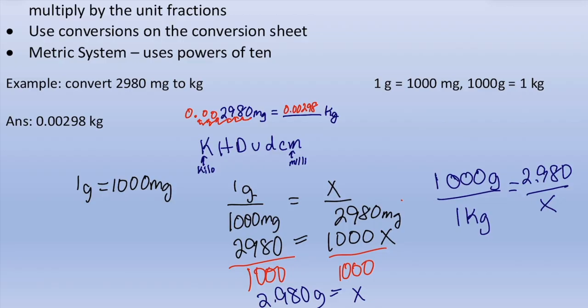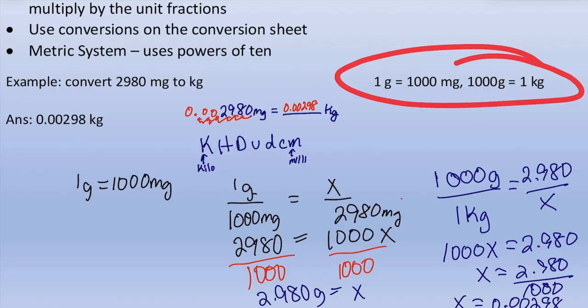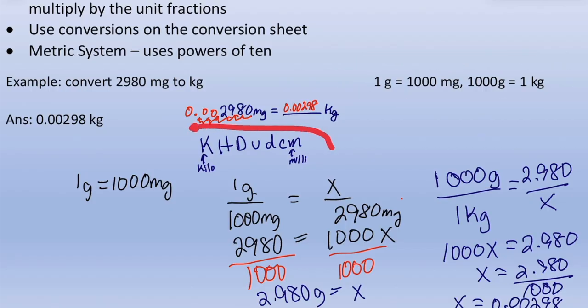So we're going to get 1,000x equals 2.980. So x is 2.980 divided by 1,000, which is that 0.00298 that we saw earlier. And so you can use our conversion factors, but that kittens hide down under dad's car motor chart does it very quickly, especially when you're going from milligrams to grams and grams to kilograms.